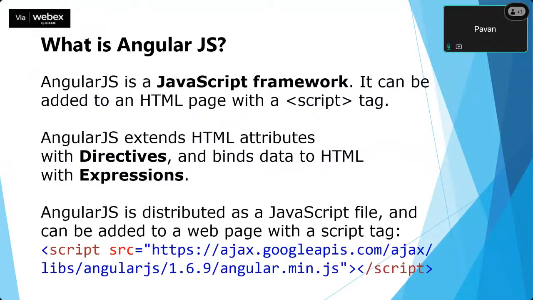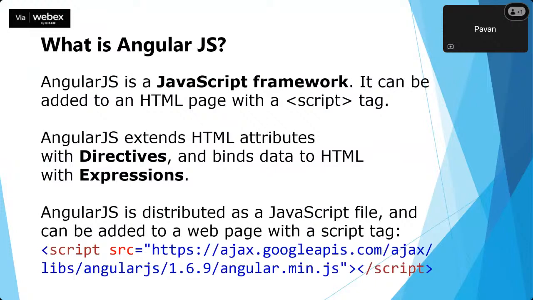JavaScript frameworks are a collection of libraries containing code written in JavaScript. As the name JavaScript itself suggests, all the framework is written in the JavaScript language itself. So I hope you get what a JavaScript framework is.